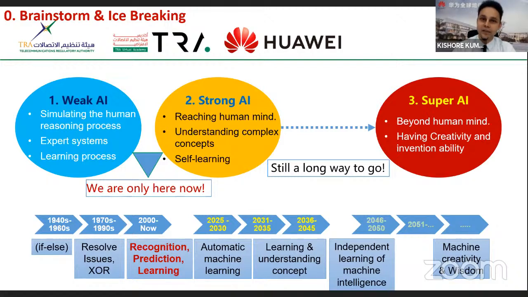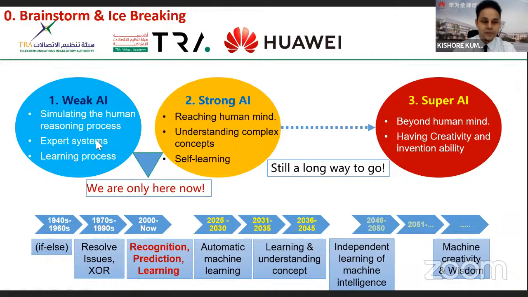They have the knowledge and the experience, and they can provide solutions to their patients based on that. So if we can make that knowledge and experience available in a software system or machine, we can call that an expert system, isn't it? The expert system is just expert in its own domain, not in other domains. So in this weak AI era, we have different types of expert systems.